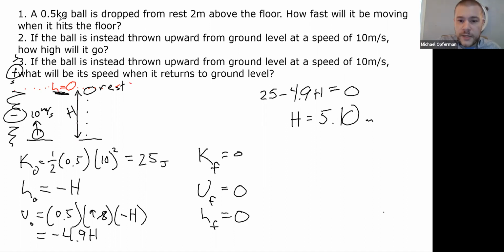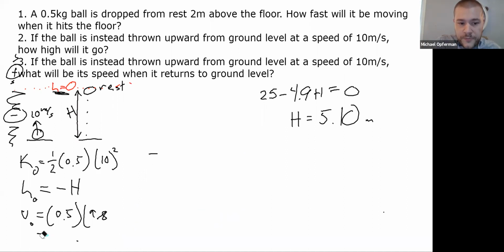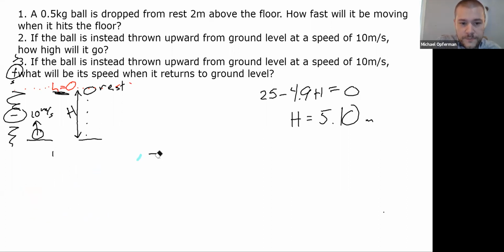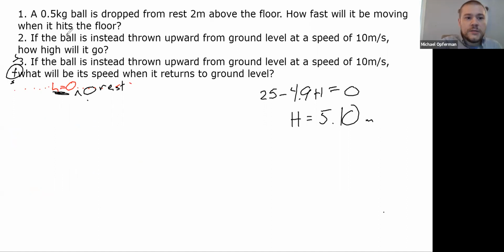Okay. And just to prove to you that this works, let me once again also do it with kinematic equations really quickly, just to show you that it gives the same answer, and also that putting your reference point in a weird location like that also gives you the right answer. So if I were to solve this with the kinematic equation method, what I would do is list off my kinematic variables.